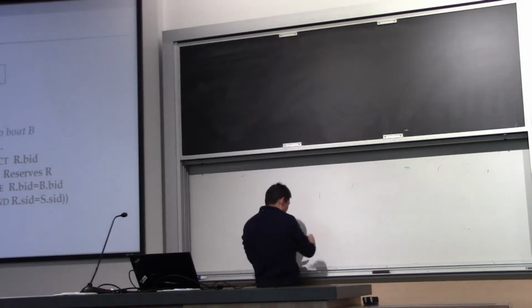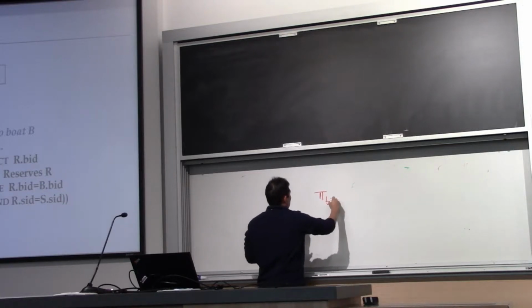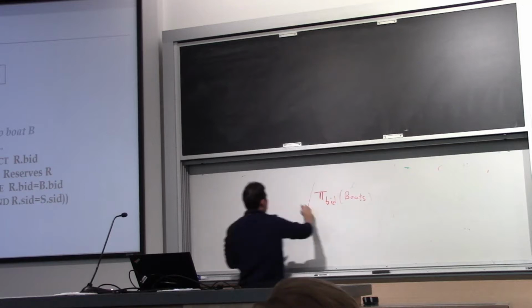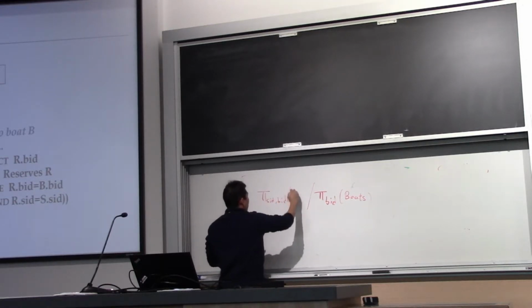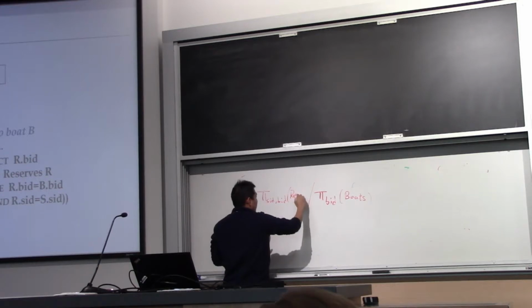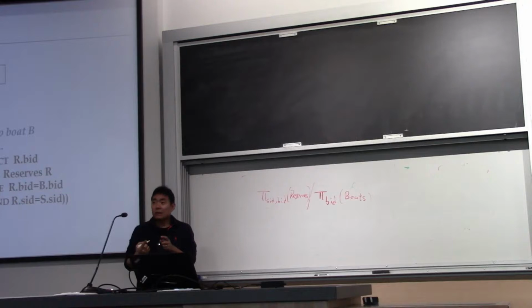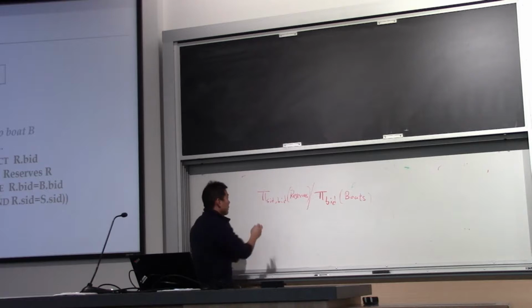The idea is you project out all the boat IDs from boats, and you need to project out the sailor ID and boat ID from reserves before you do the division, because otherwise you are finding all the sailor IDs who reserved all the boats on the same date. So you get rid of the date values. You don't care about that.